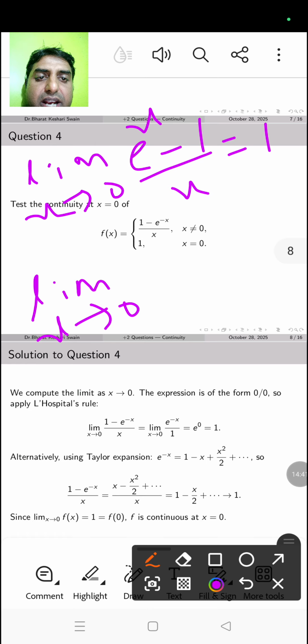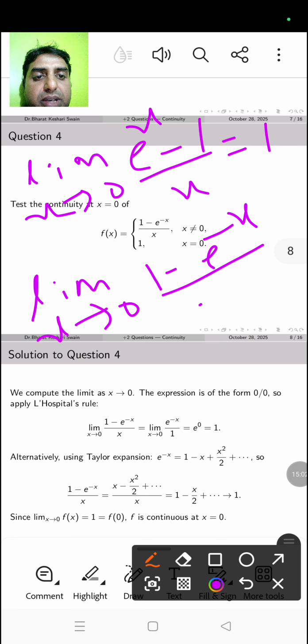Otherwise you can find your LHL, find your RHL, make them equal, and then the limit will exist, and then make it equal with your functional value. This is the procedure. Since it is a formula, I am applying the direct formula. So limit x tends to 0, what is your function? 1 minus e to the power minus x divided by x.